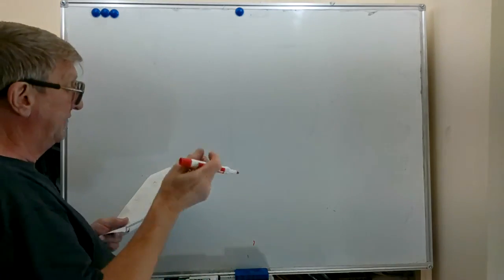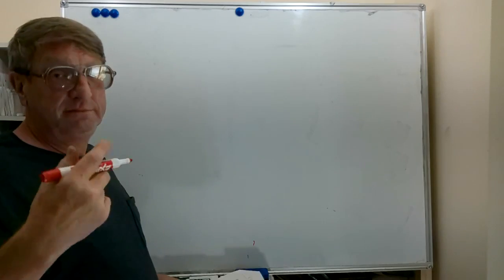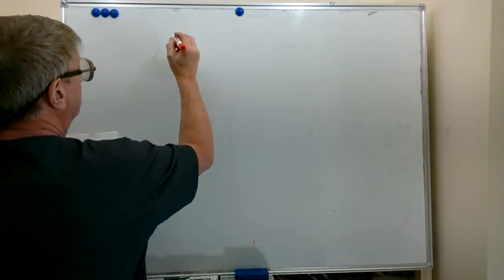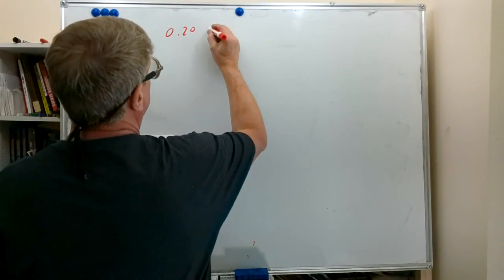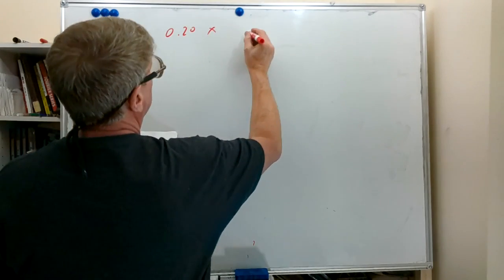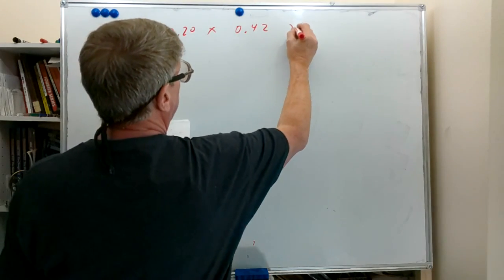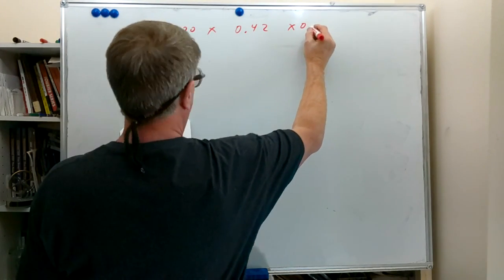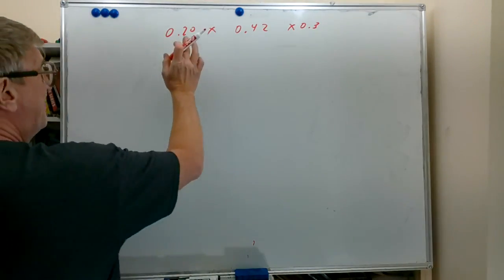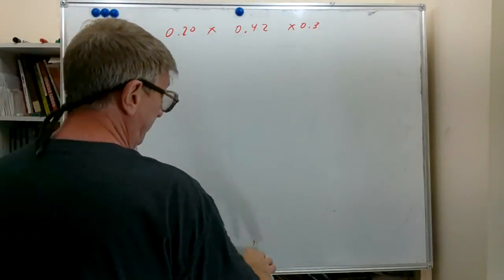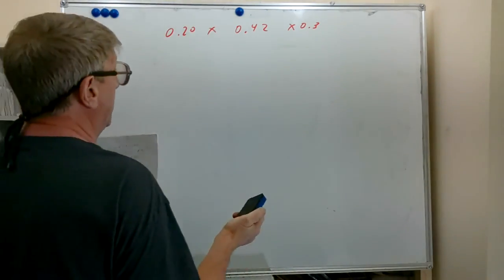Now we're going to do another example of multiplying decimals. 0.20 times 0.42 times 0.3. Now, this 0 is only for precision, and we'll get more concerned about precision as we move along here.